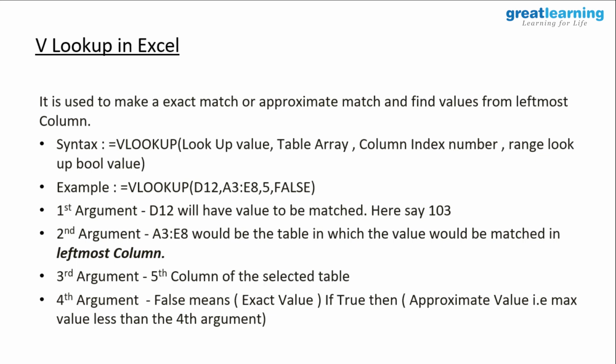See how Vlookup tries to match the value with the leftmost column vertically. Hlookup will try to match all the values with the topmost row. That is why it is called horizontal lookup. So it would check horizontally in the topmost row.